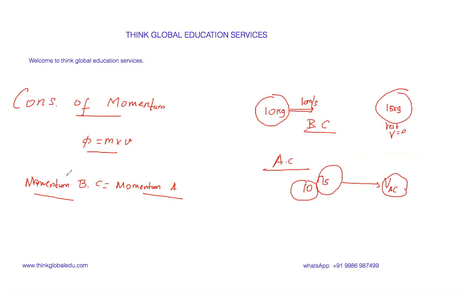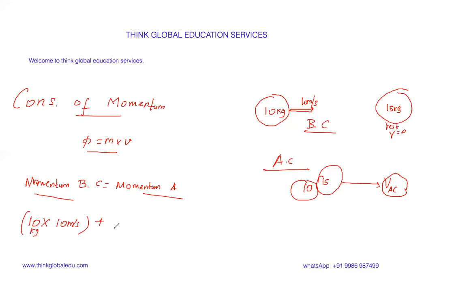So we know the law of conservation of momentum. First we have to calculate the momentum before collision of the first object. For the first object, mass is 10 kilograms and the velocity is 10 meters per second. Which must be equal to, and we have to add that, the momentum of the second object.